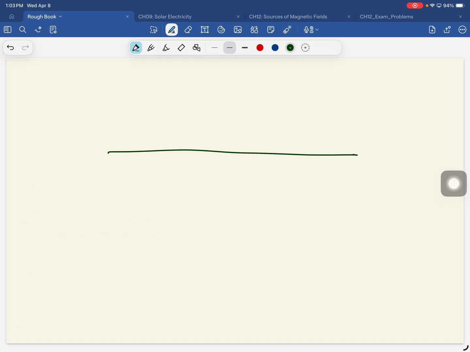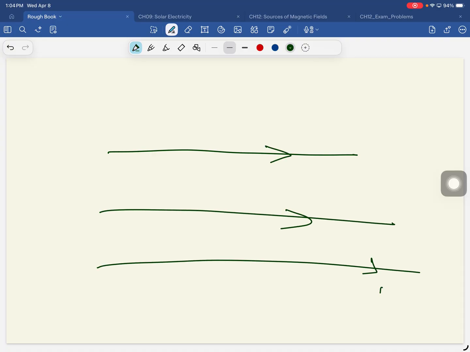So let's say you have a magnetic field like this, and I take a positive charge and throw it like that. For instance, in this room there's a magnetic field, north is in that direction, and I take a proton and throw it like this. What will happen?